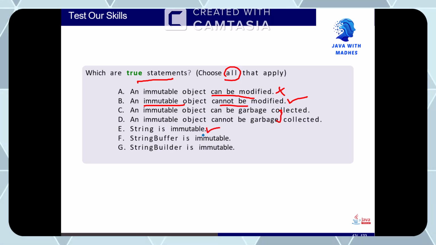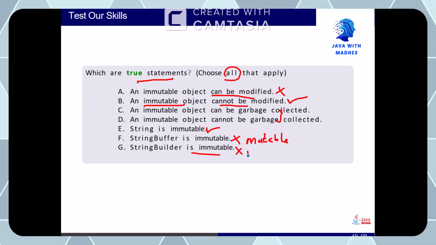That is true. StringBuffer is immutable? No, this is wrong. StringBuffer is always mutable. StringBuilder is also mutable. So only String is immutable. Rest of the things, StringBuffer and StringBuilder, are mutable. So this statement is wrong.